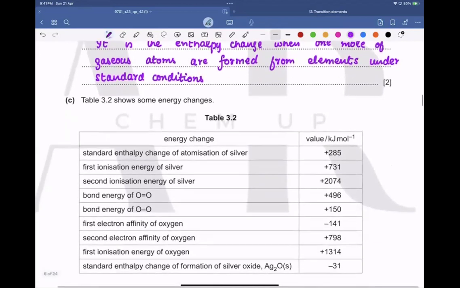Okay. So the definitions you need to memorize, remember them.